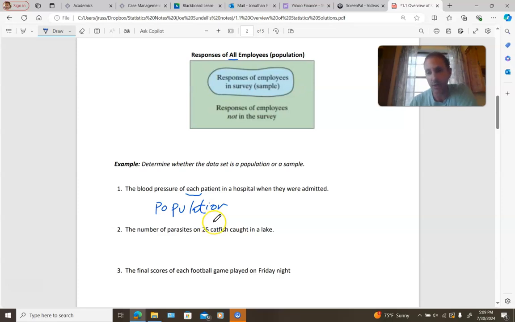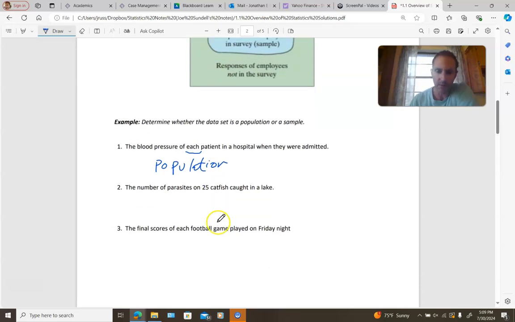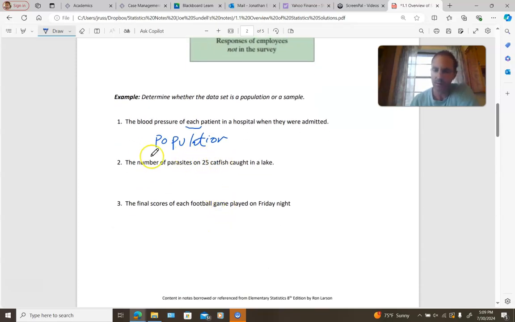Okay, so evidently we're talking about just catfish here. But the number of parasites on these 25 catfish, that data would pertain to a sample. The 25 catfish is a subset of the population. The population would be the number of parasites on all of the catfish that are in this lake.